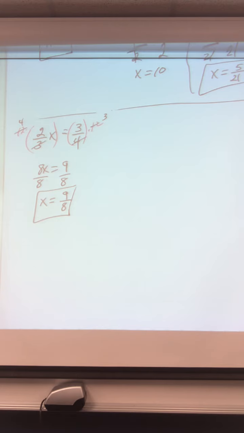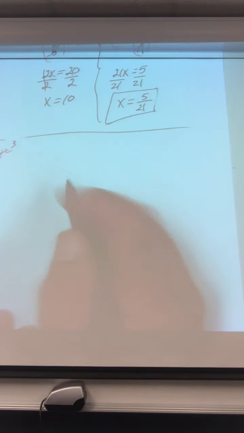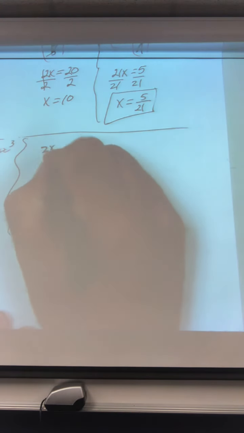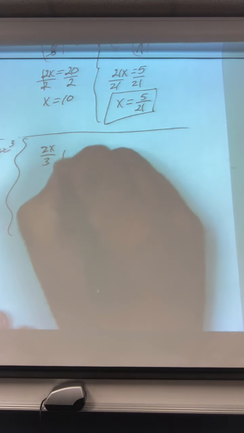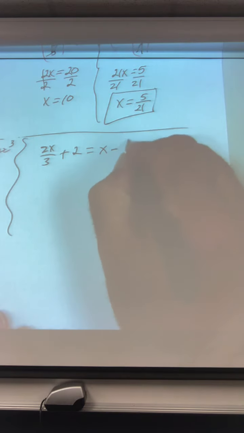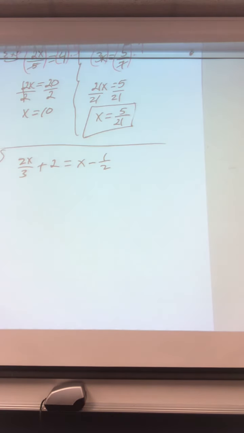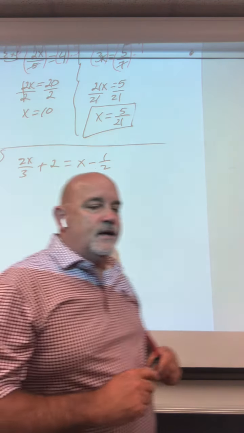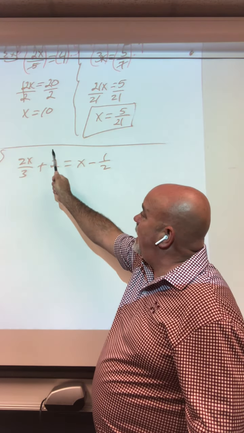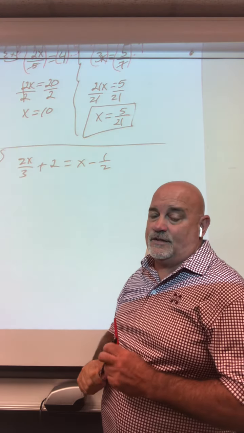Okay, let's look at another problem. Let's look at 2x over 3 plus 2 equals x minus a half. Now, this one is a little different than all the others that we've done so far. And the reason is if you look at this equation, it has now two terms on this left side.